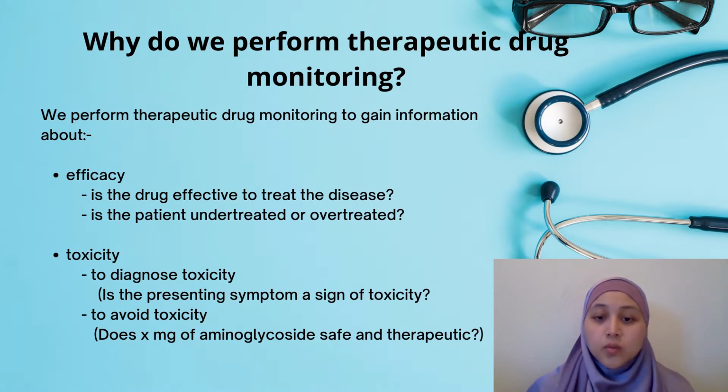Besides that, we also want to know, is the patient undertreated or overtreated? For toxicity, we monitor the patient to identify any toxicity symptom present due to the disease or to avoid toxicity, to ensure safety and that a therapeutic level is administered to the patient.